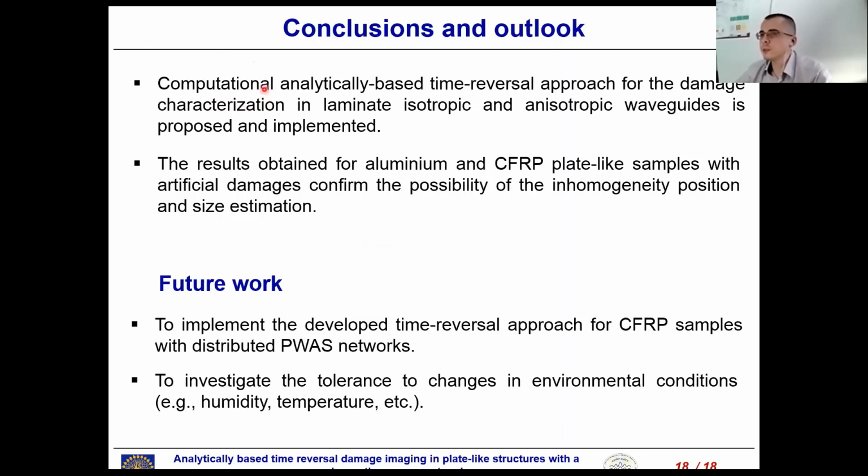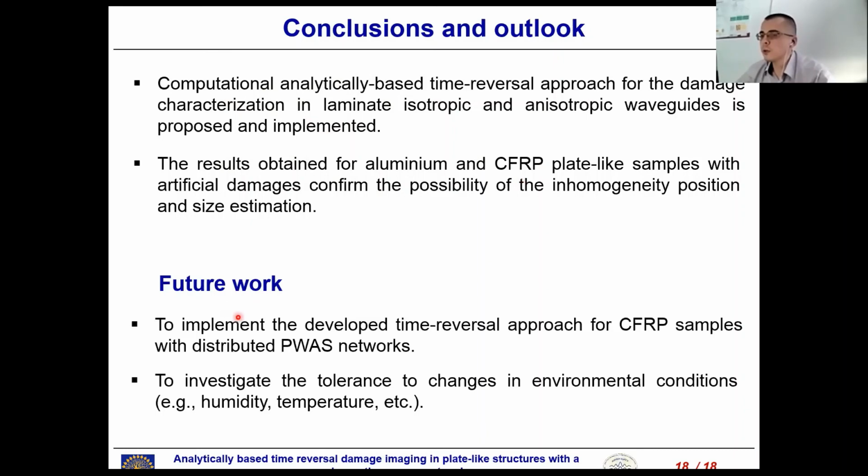We've developed a computational, analytically based time reversal approach for damage localization and approximate estimation of its size in isotropic and anisotropic waveguides. And the results presented above for aluminium and carbon reinforced plates, at least for the samples which we've considered, confirm the possibility of smart localization of the inhomogeneity, as well as give us some optimism in estimating its size.